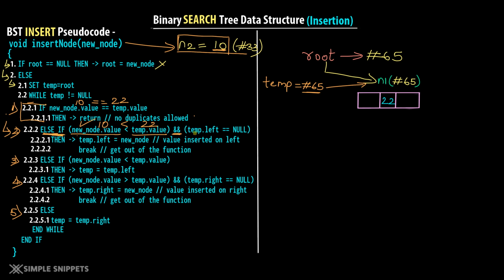So the second condition checks if temp dot left equal to null. Temp is currently pointing to n1. What is there in the left part of n1? There is nothing, which means it is null, right? So temp dot left is also null. So even this condition is true. So what happens when the new node that you want to insert in the binary search tree has a value which is less than the current node that you're pointing to, and the left pointer of that particular node is also blank?